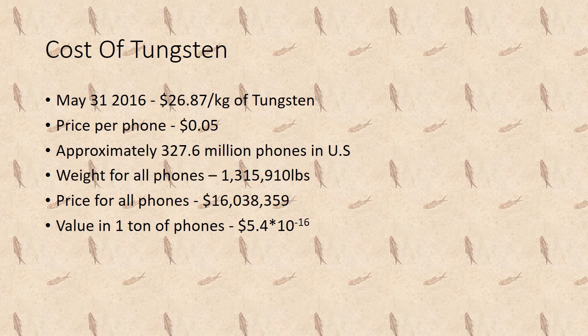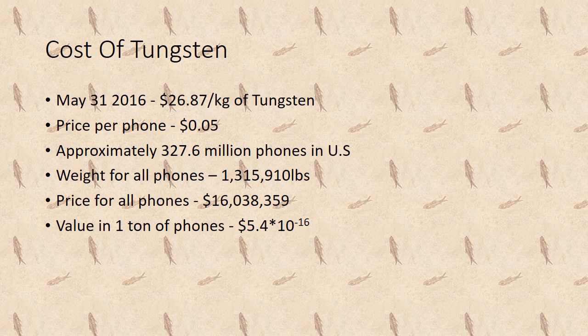And as of 2011, there were approximately 327.6 million phones in the United States. That adds up to 1,315,910 pounds of tungsten for all the phones in the United States that are currently in use.